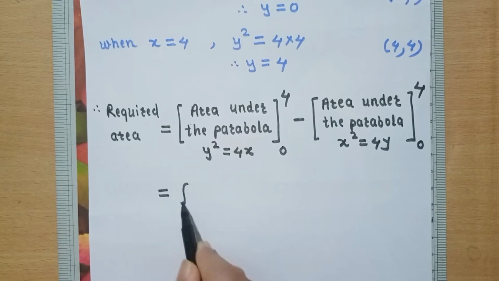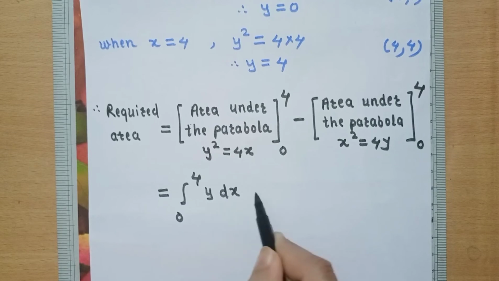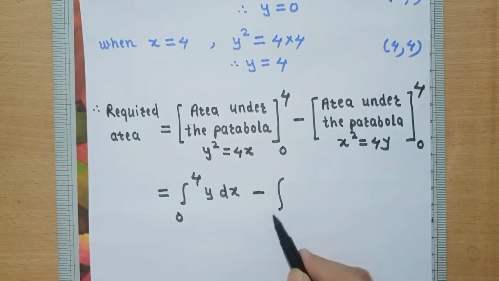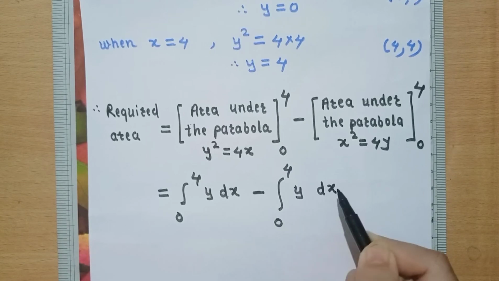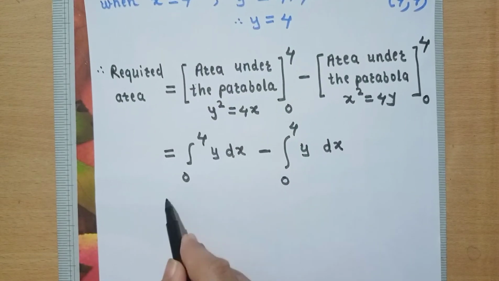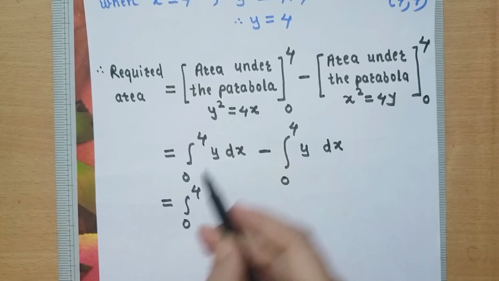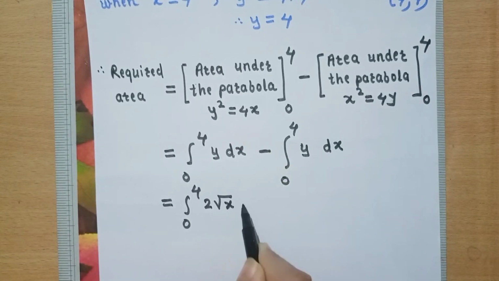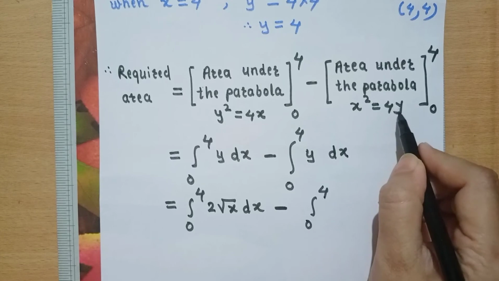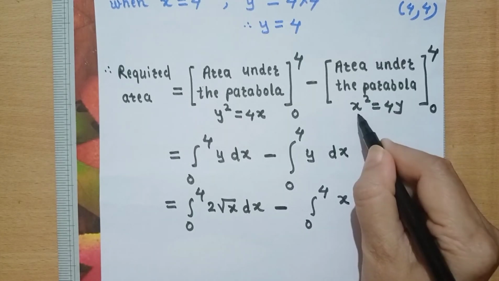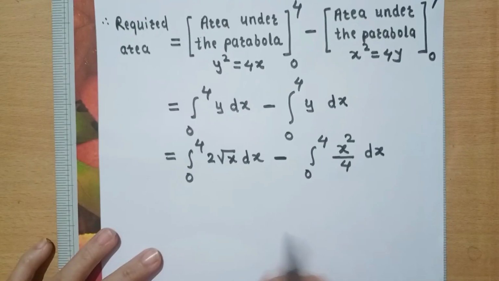Now we know the integration from 0 to 4 of y dx, minus the integration from 0 to 4 of y dx, and from this the value of y is, taking square root on both sides, 2 root x into dx. The middle sign is minus, and here from 0 to 4, y we will write, moving this 4 to this side, x square upon 4 dx. Now find out the integration.